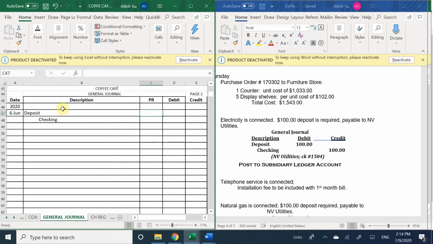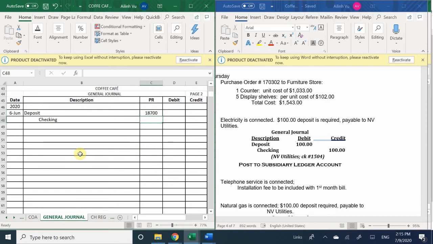Because it's a deposit for the electricity, not the actual usage just yet. How does NV Utilities bill you for electricity? They have to see what your usage is. Exactly. This is just a deposit, just to open it up. Okay, because I wrote out the whole thing.